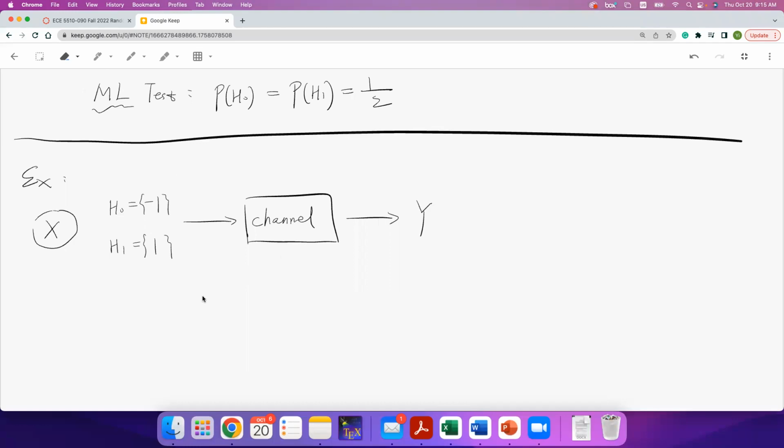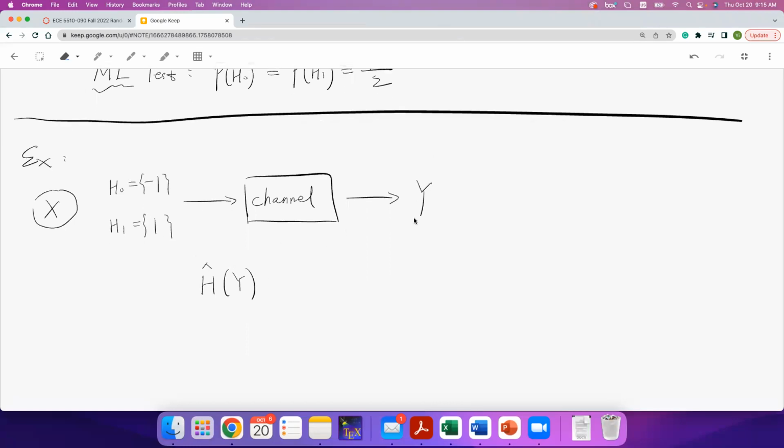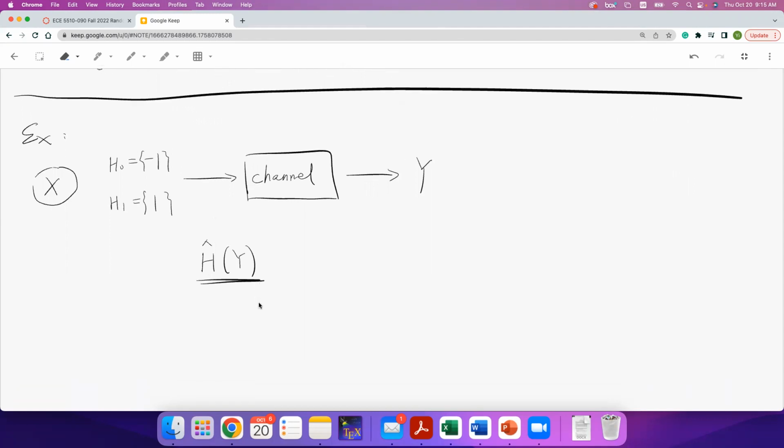By observing Y, we need to decide which hypothesis to take. Basically, we need to decode the observation into a corresponding hypothesis so we can decode the message. And let's assume these two symbols are transmitted equally likely.